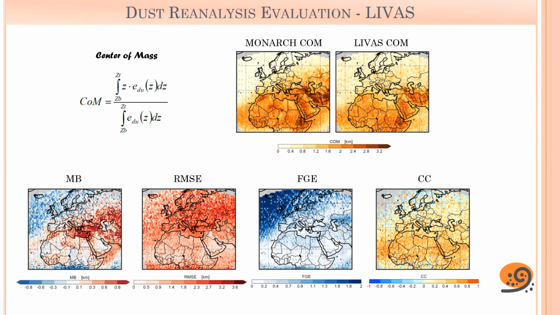However, over the mountainous areas of Turkey and Iran, the simulated center of mass exceeds 3 kilometers, leading to an overestimation higher than 800 meters. Very high overestimation can be found over Eastern Mediterranean as well.